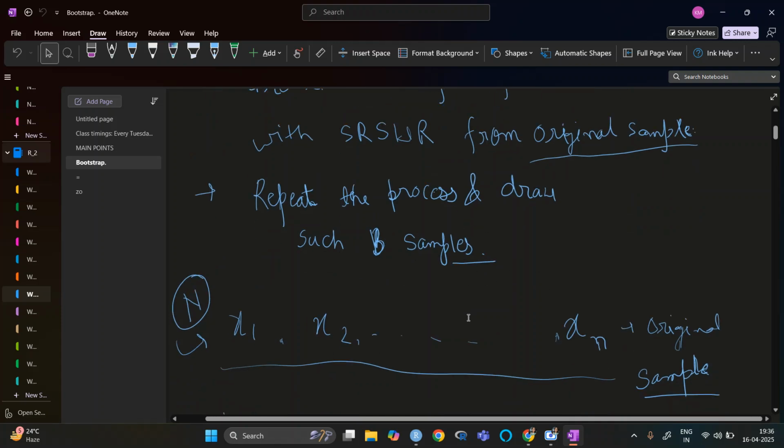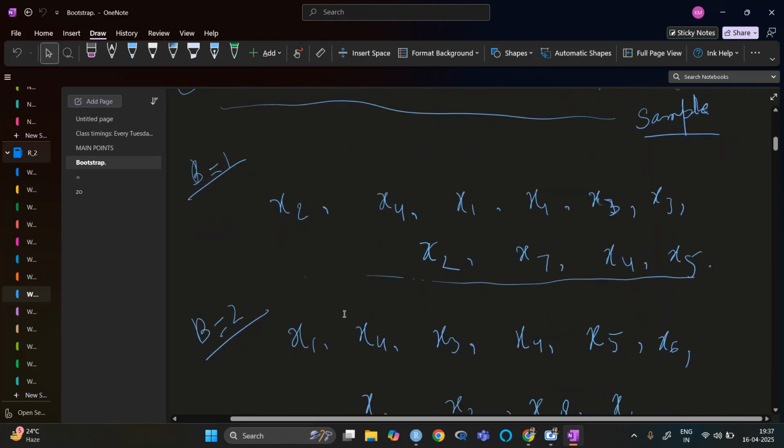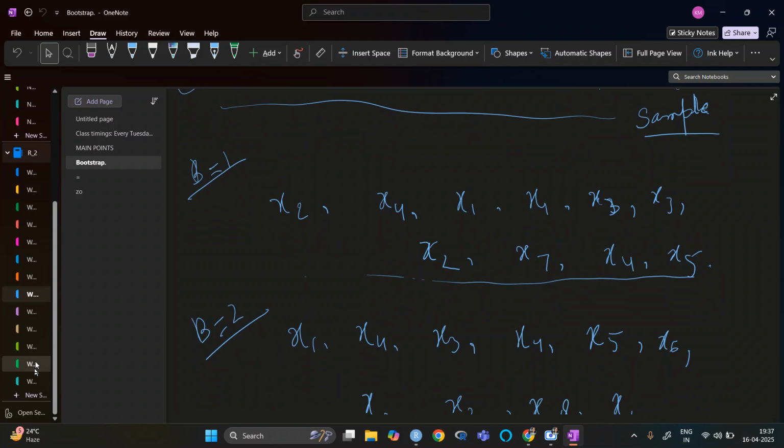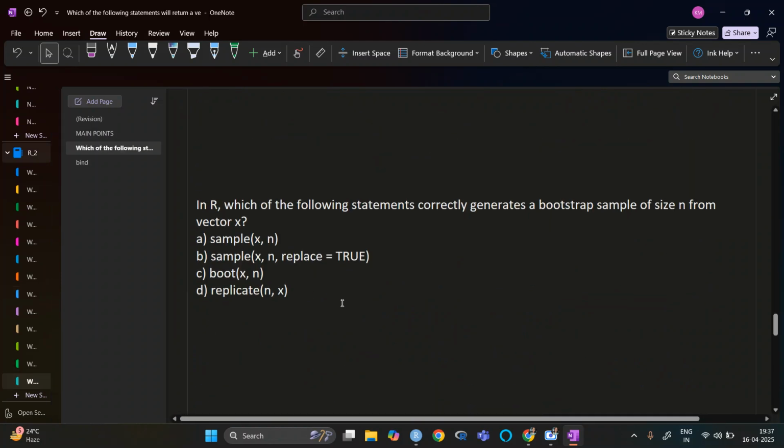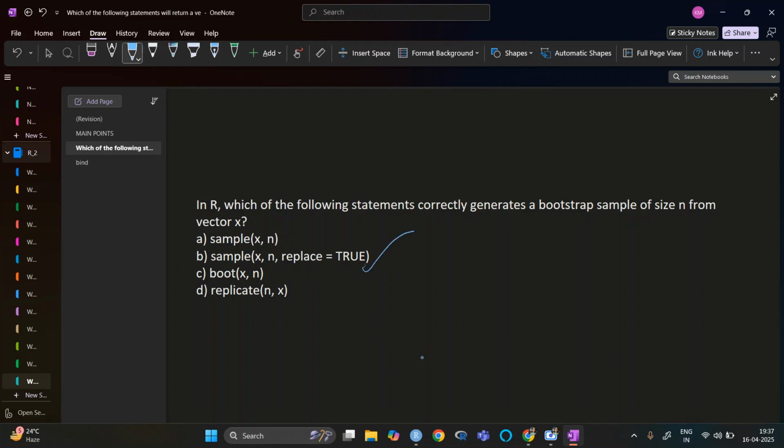So we take the original sample, and from that we sample with replace equal to true. This way we can repeat it again and again.